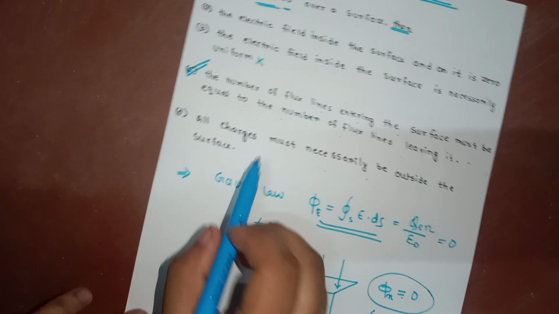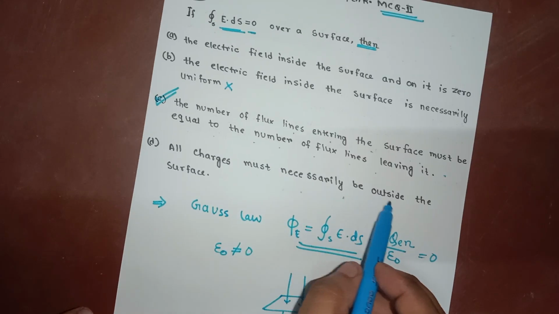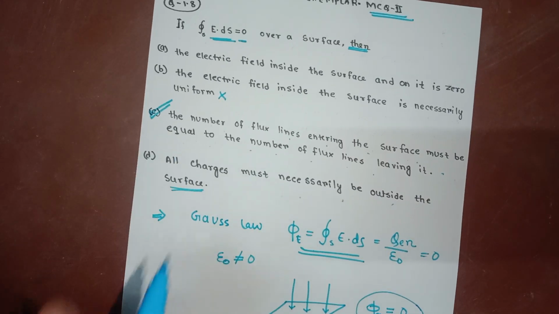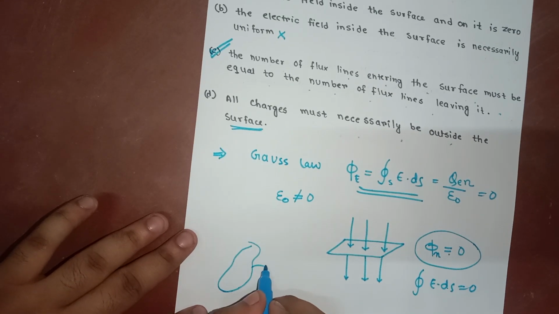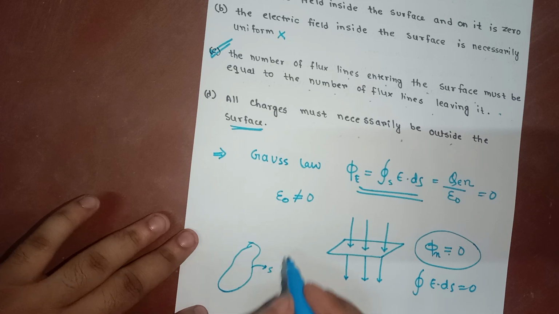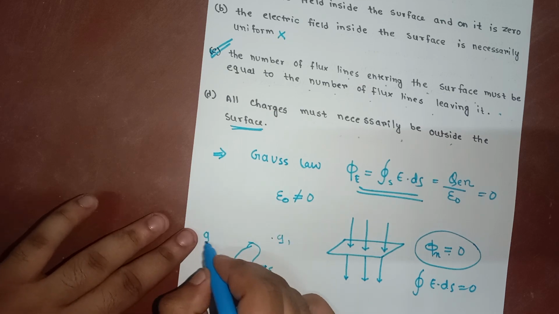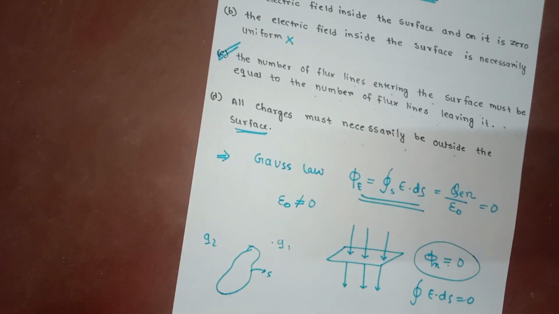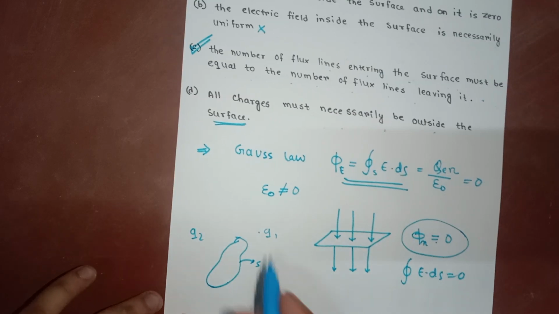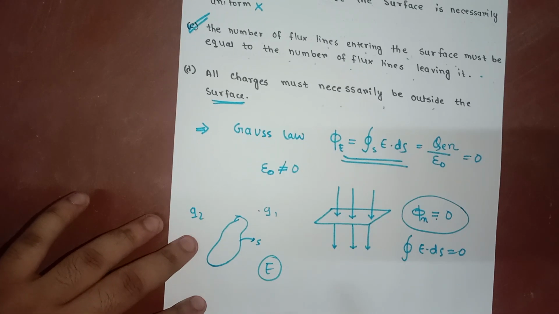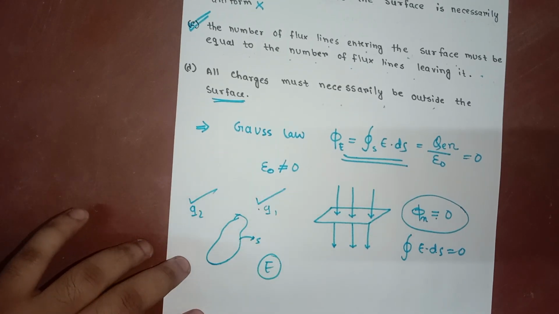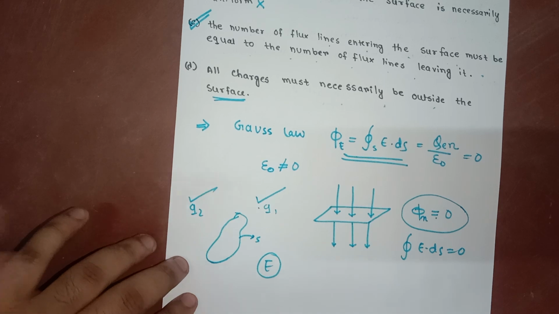What's the next? All charges must necessarily be outside the surface. This is the fact of Gauss law. If this is my Gaussian surface, let's say S, and there is a Q1, there is a Q2, and whatever charges, we have done this in MCQ 1 also. If there are no charges inside, the electric field would still be present, because the electric field is due to every single charge, whether it is inside the Gaussian surface or not.